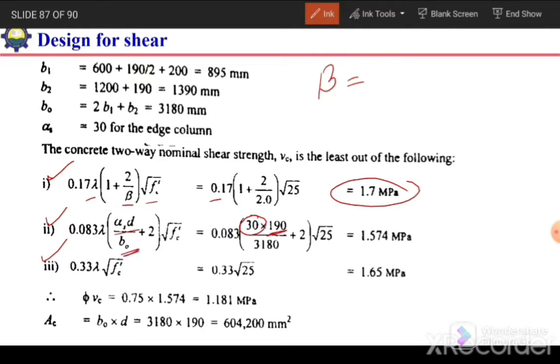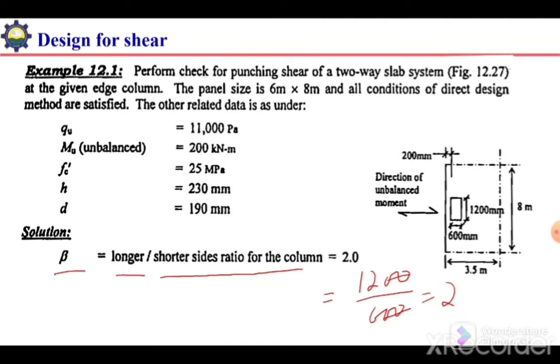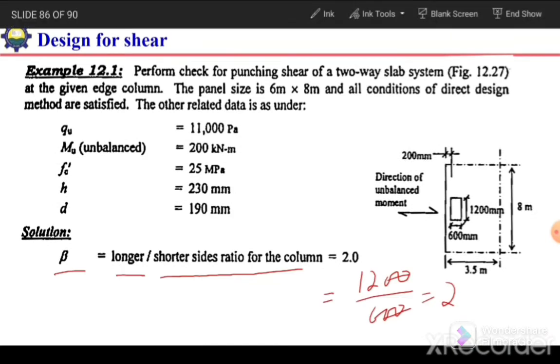b naught. So we need to calculate the dimensions of the perimeter. So in that case, if we see, the perimeter will be on three sides. So we will have perimeter in these three sides. So here if I see in this side, it will be equal to 200 plus 600 plus d by 2. From this face of this column it will be d by 2, and d is 190. So it will be 190 divided by 2.